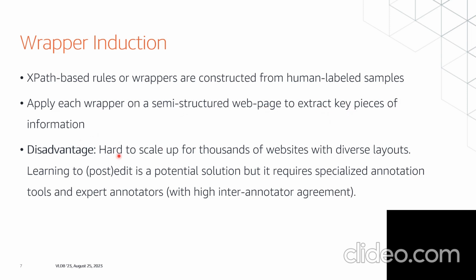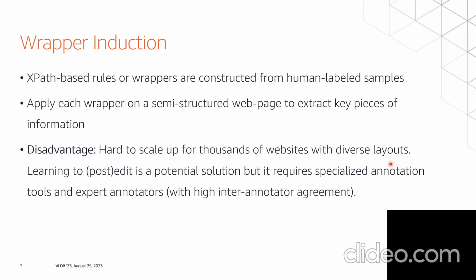The problem with this approach is that it is hard to scale up when we have thousands of websites with diverse layouts. It needs more human effort to adapt to changes in the page layouts, and also needs upkeep and maintenance to make sure that we have wrappers that are up to date with the recent changes that a website may make.